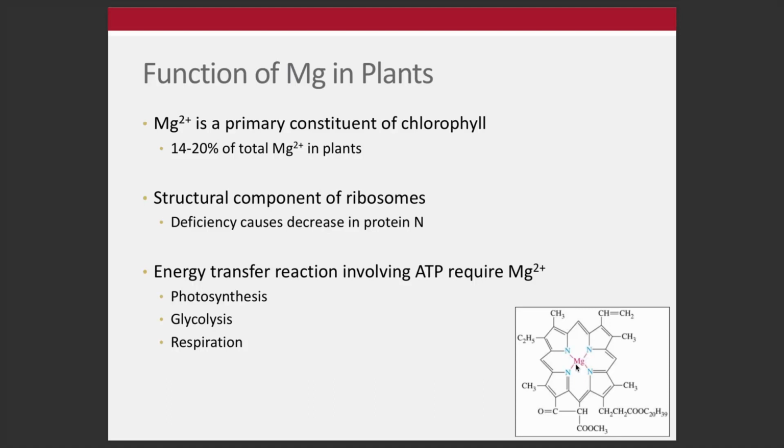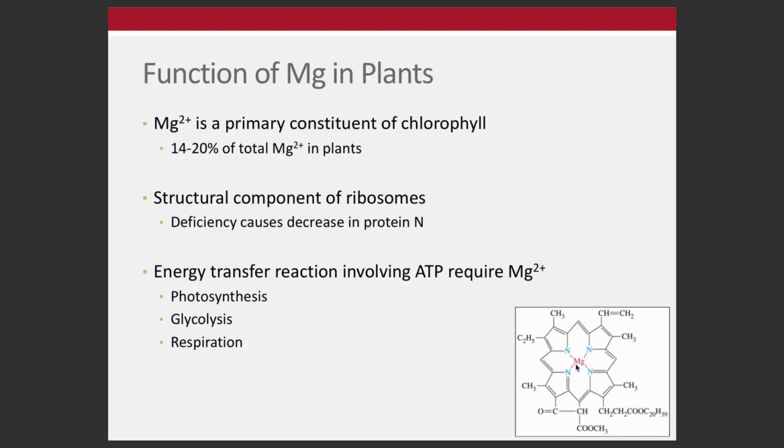Magnesium also plays a role in the structural component of ribosomes. So this is, of course, the site when DNA is getting transcribed and essentially replicating, and the ribosomes are the site of where protein synthesis occurs.